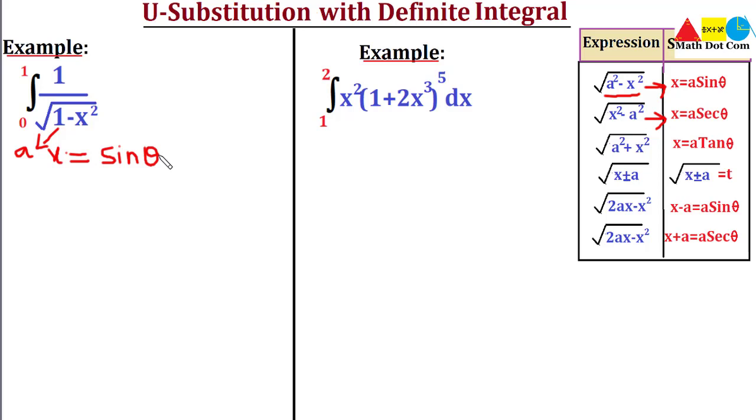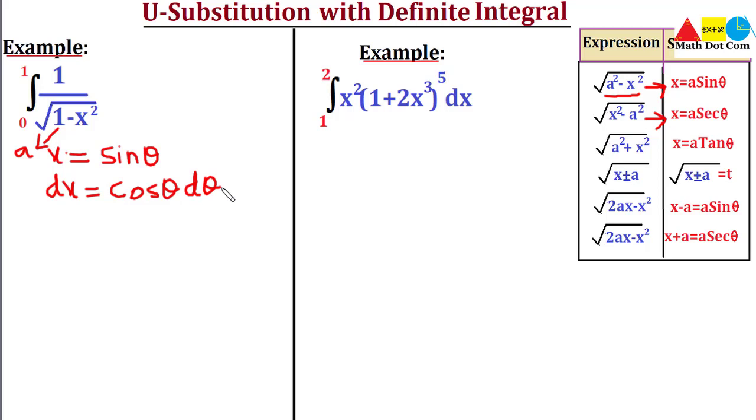So let's differentiate both sides. dx is equal to the derivative of sine theta, which is cos theta, so we have cos theta d theta. Now let's put these values in the given integral, but before that, the very important part of this lecture is the limits. How will we change the limits according to theta?